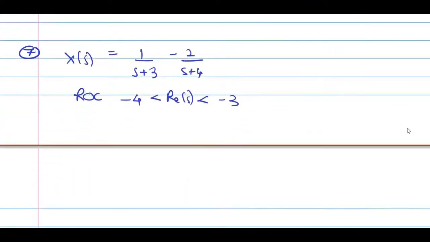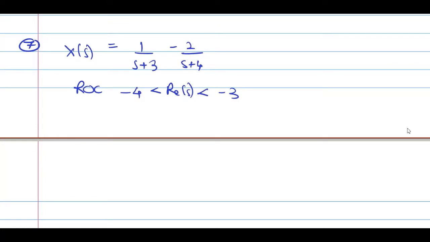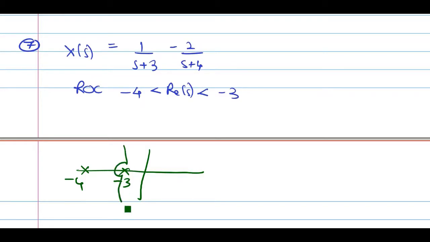Next question, 1 upon s plus 3 minus 2 upon s plus 4, ROC is between minus 4 and minus 3. It is greater than minus 4 and it is less than minus 3. As it is less than means left hand side, as it is greater than minus 4, so right hand side. So it is between minus 3 and minus 4.